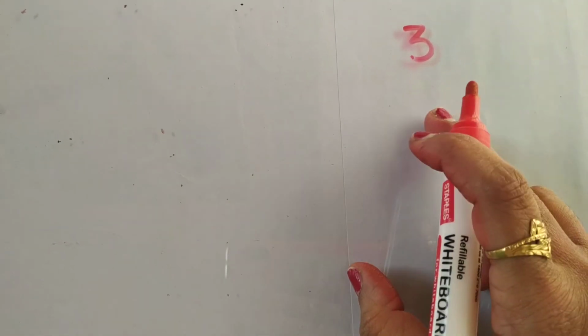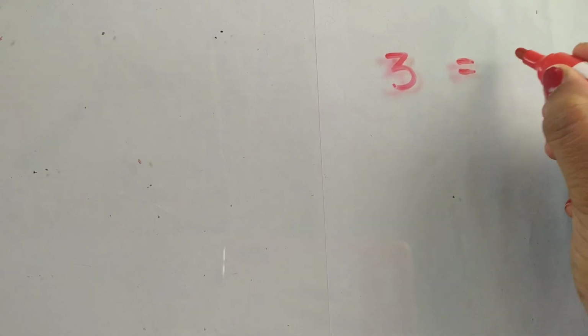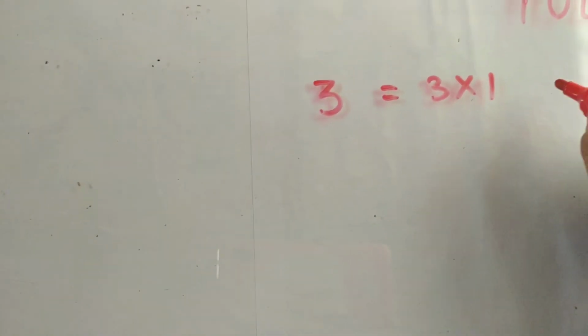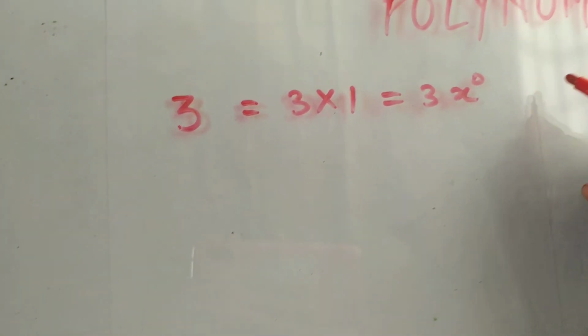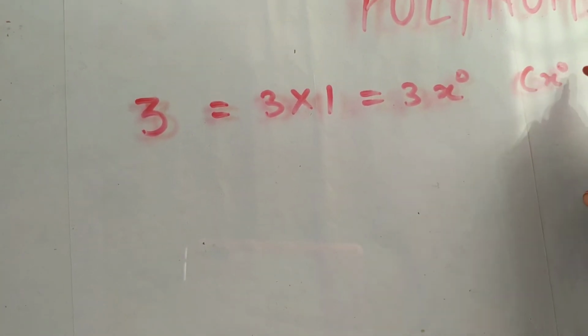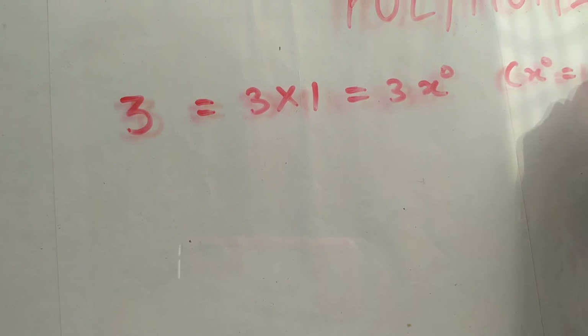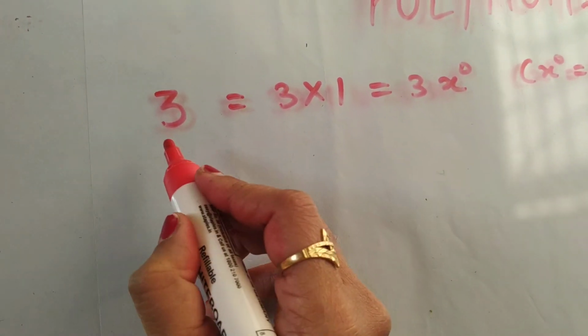And now, if anyone asks whether 3 is a polynomial or not, yes, it is a polynomial. Why? We can write it as 3 into 1, 3 into x to the power 0, because x to the power 0 is equal to 1. So 3 is a polynomial.